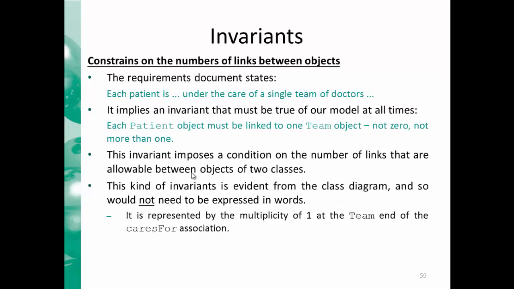More examples of invariants. For example, if you take this requirement from the requirements document, it says that each patient is under the care of a single team of doctors.